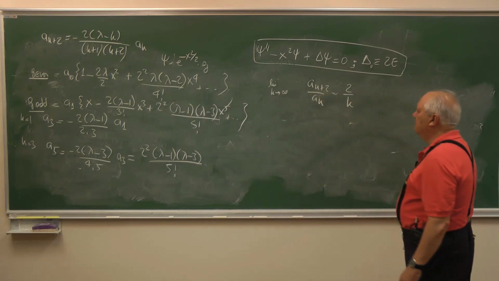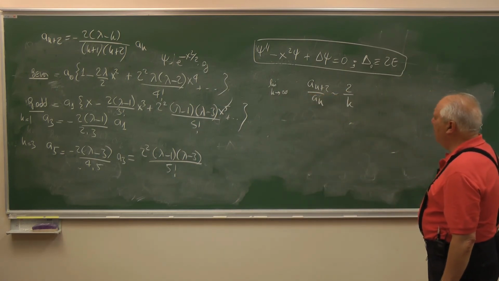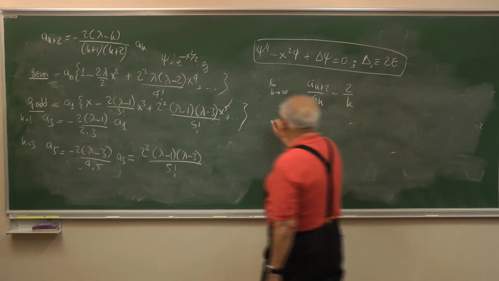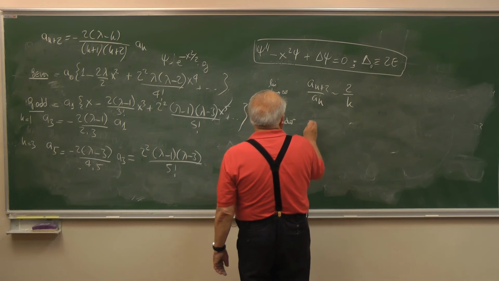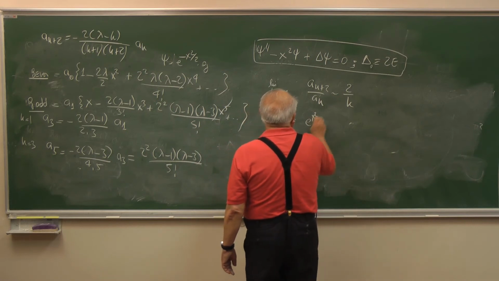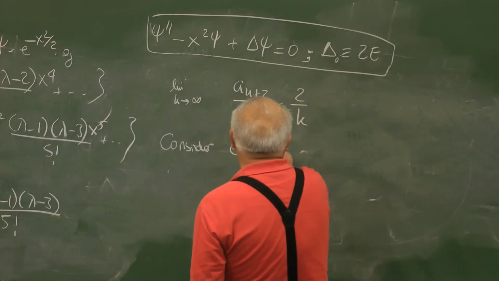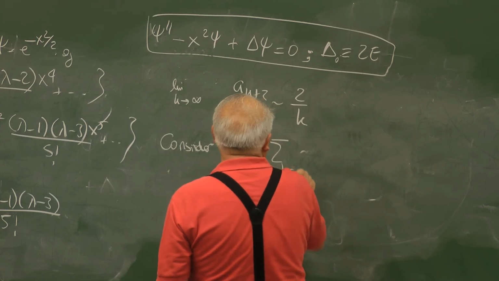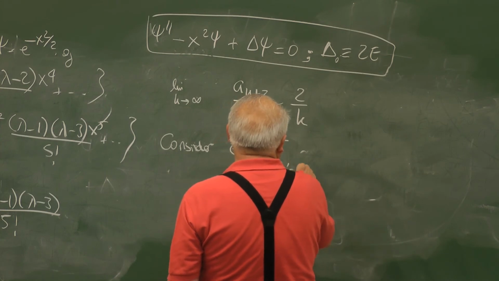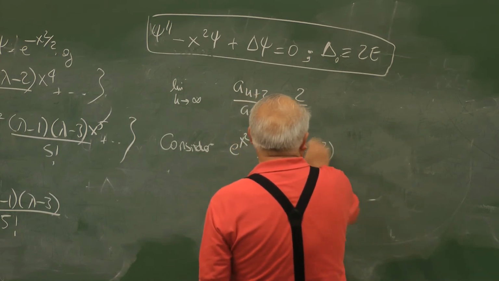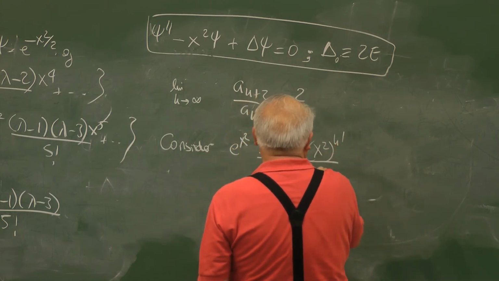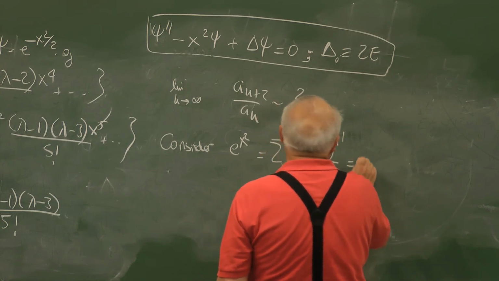Now, how does this look? Consider the power series for e to the x squared. So this is equal to the sum over k prime from 0 to infinity of x squared to the k prime over k prime factorial.